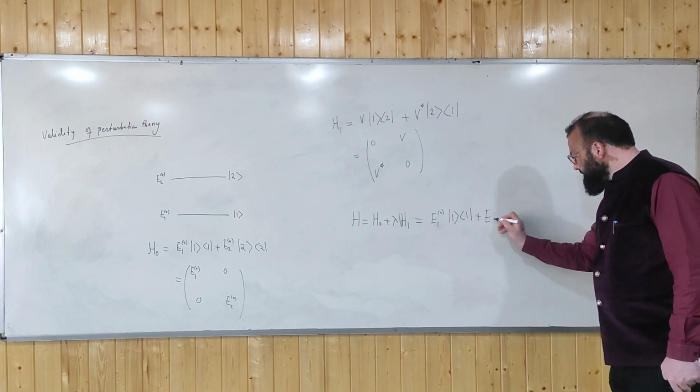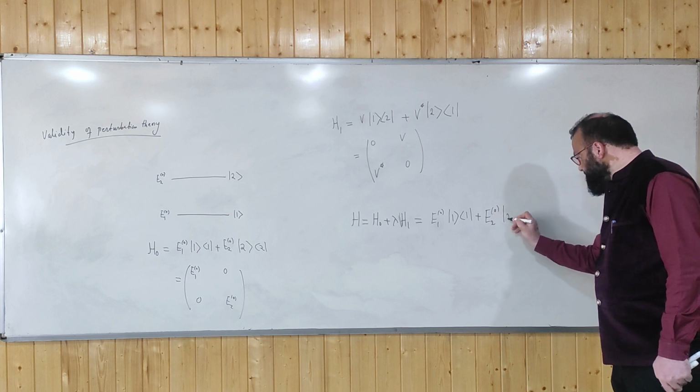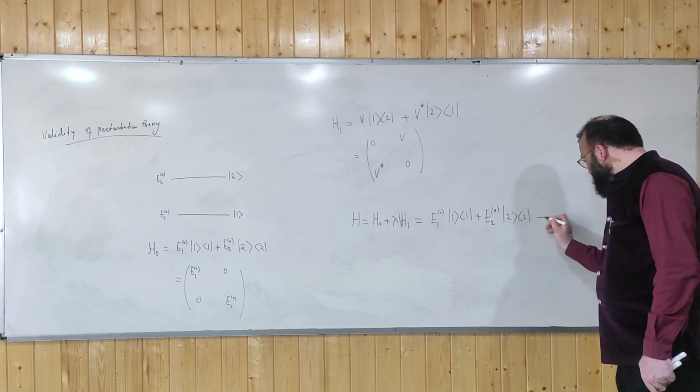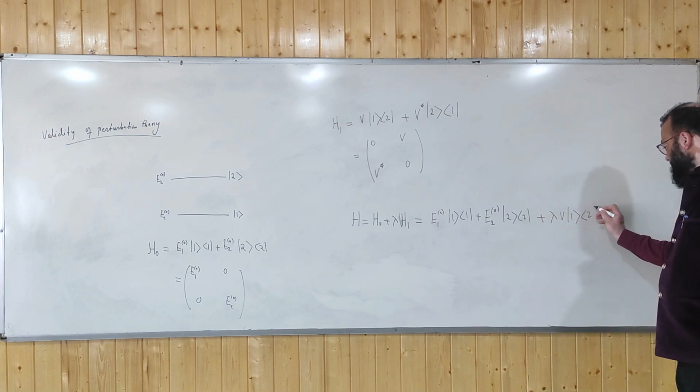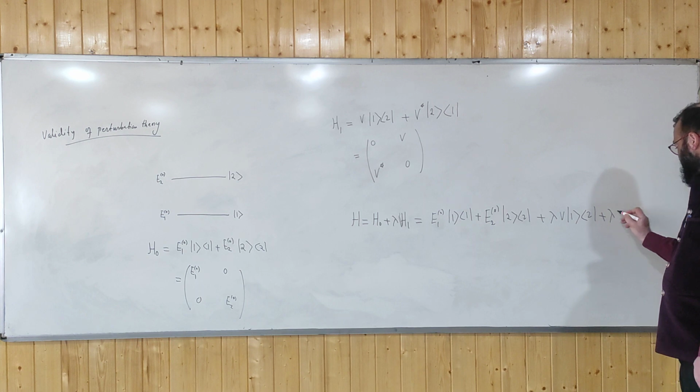Then I am having E20 |2><2|. Then you can write lambda V|1><2|. So you are having then lambda V star |2><1|.